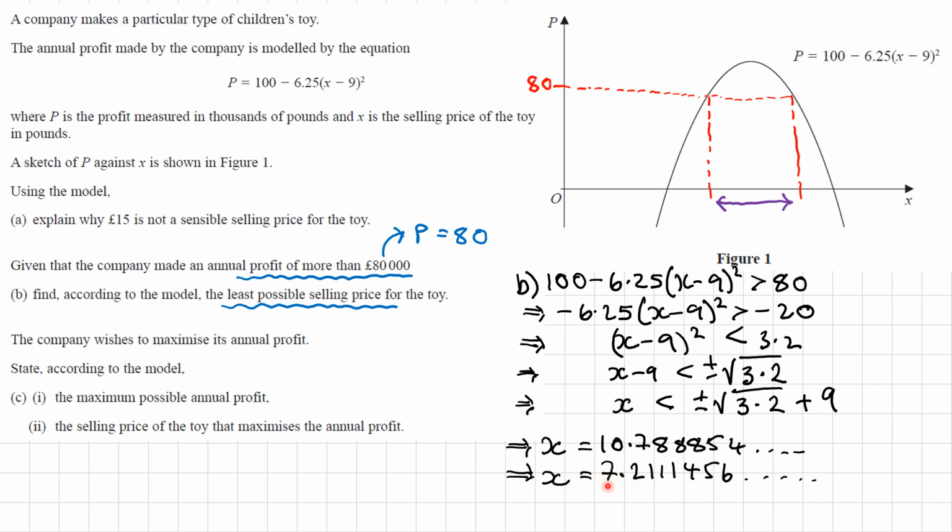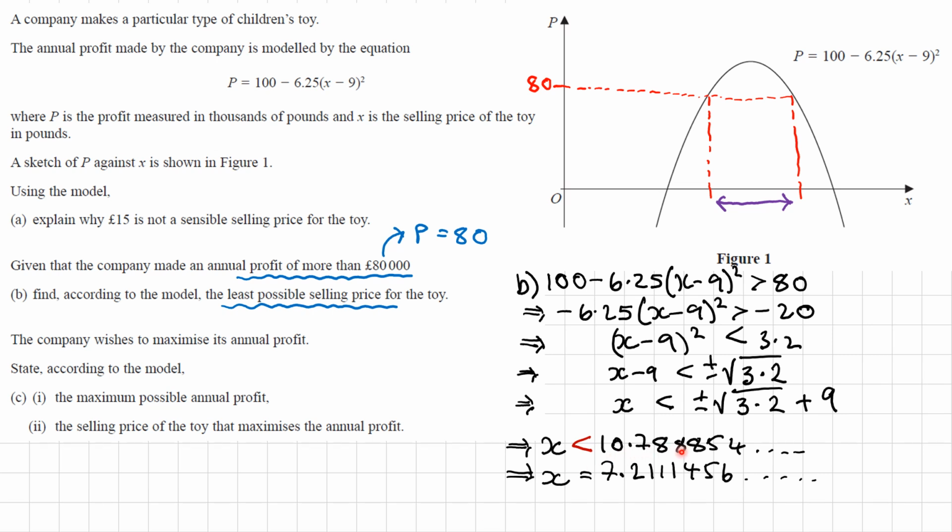So this 7.2111 number is the lower one down here, and the 10.788854 is the upper value here. Now to get a profit of more than 80,000, the values need to be between these. The upper value of x needs to be less than that value to get more than 80,000.